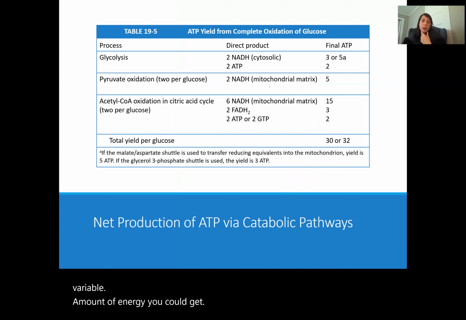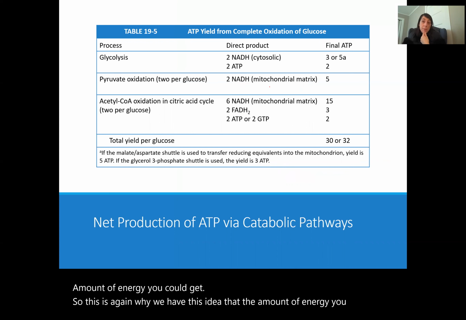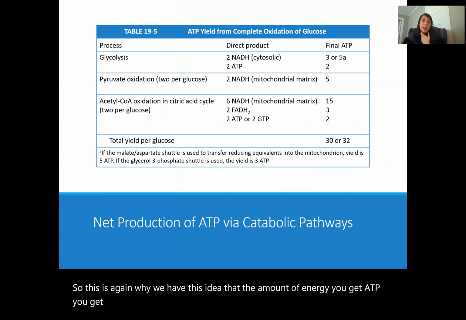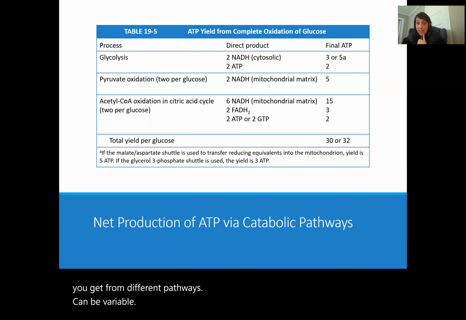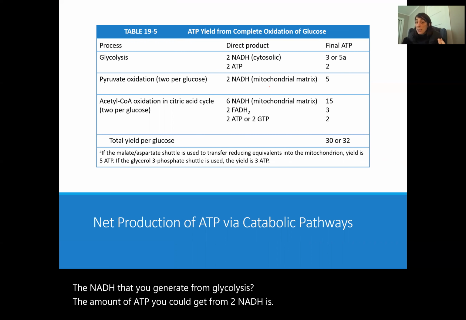So this is again why we have this idea that the amount of energy, the ATP, you get from different pathways can be variable. For example, the NADH that you generate from glycolysis, the amount of ATP you could get from 2 NADHs is potentially only 3 ATP.